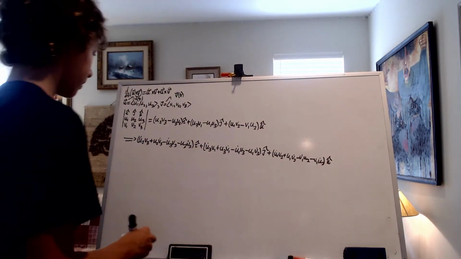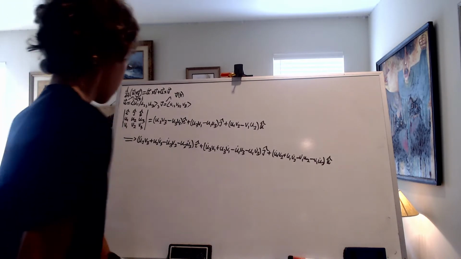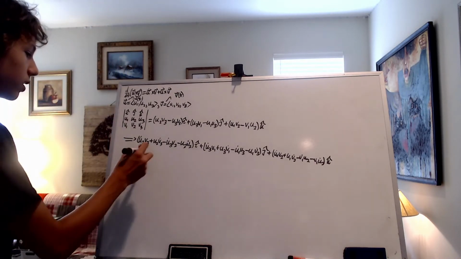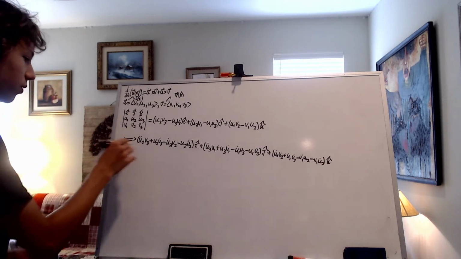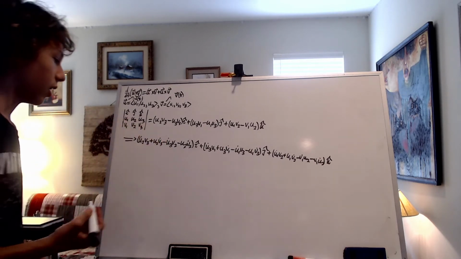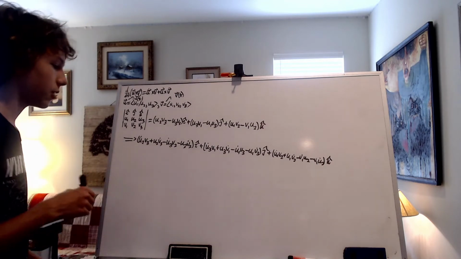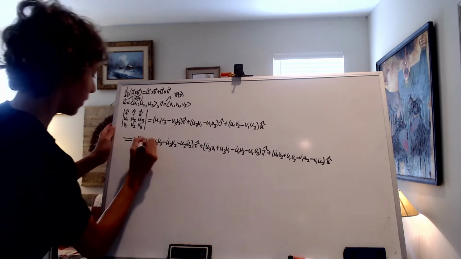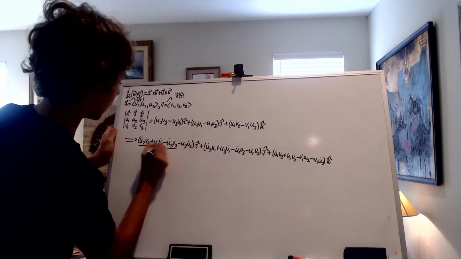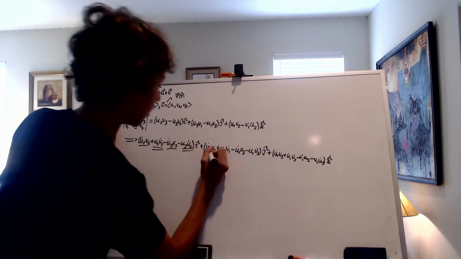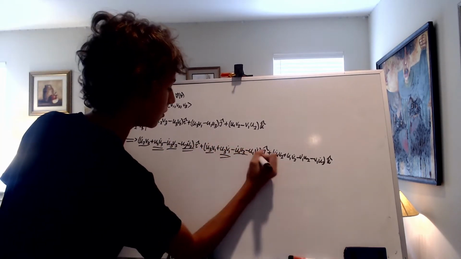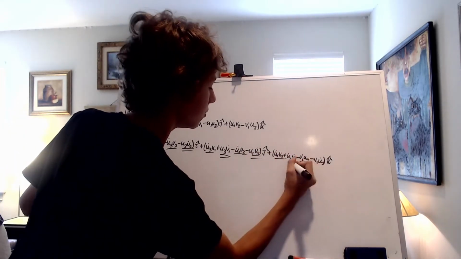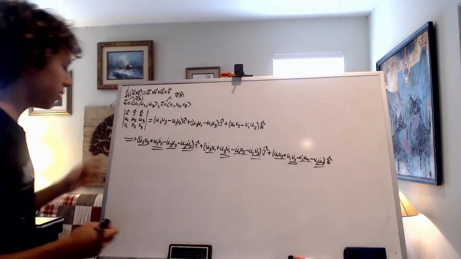Okay, so how do we continue here? Well, let's notice something very important. I'm going to underline a few things that will pair with one another, including the signs. Pair these two and pair these two. What do you notice?